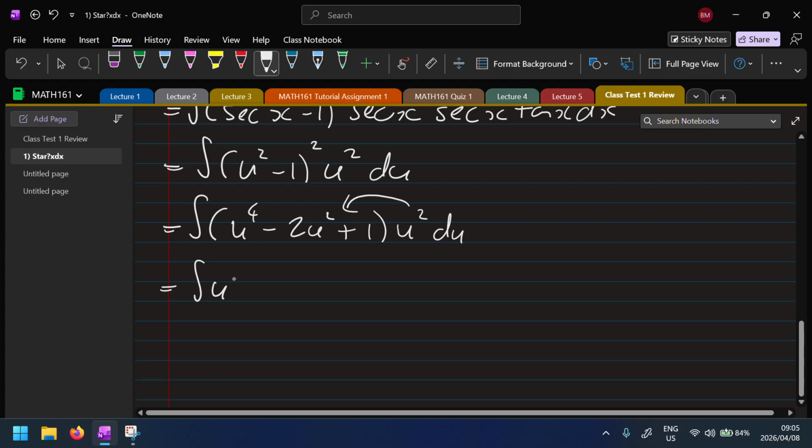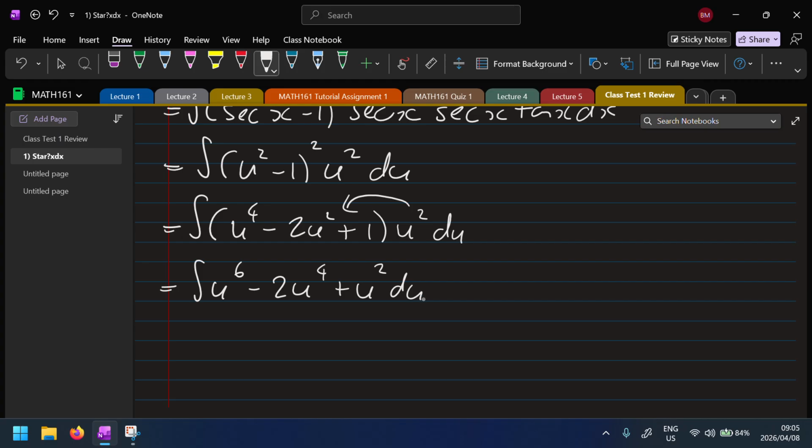So this is integral u to the 6 minus 2u to the 4 plus u squared. So 1 over 7 u to the 7 minus 2 over 5 u to the 5. Sorry, that's a 5 there. Okay, so that will be the second step. So second mark. And then finally, you put your sec back inside, you get your answer.